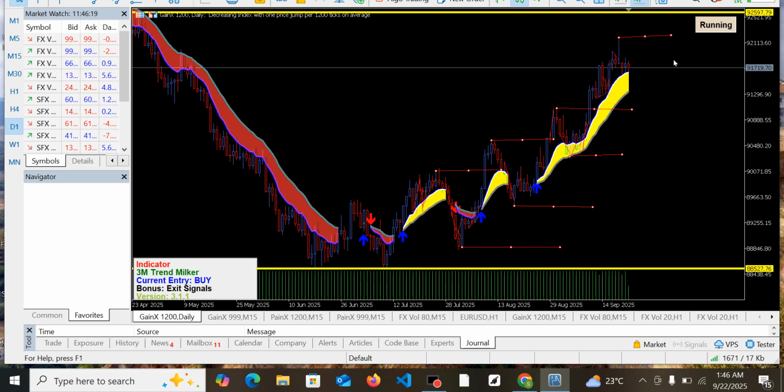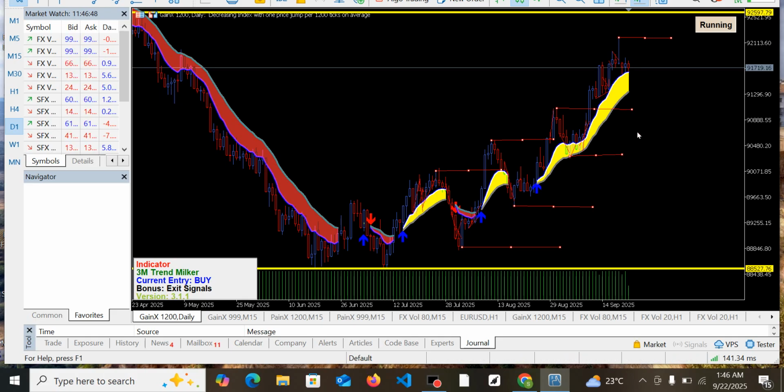Which means if it goes above this trend line, then definitely it will be hitting this particular resistance zone. Okay, so this is very, very important. So which means we are most likely to still have more of a buying opportunity than a selling opportunity.